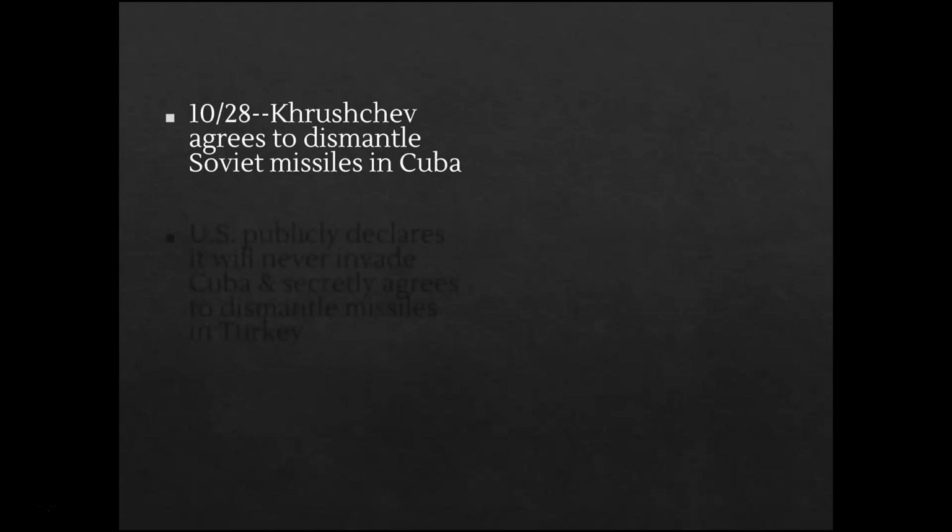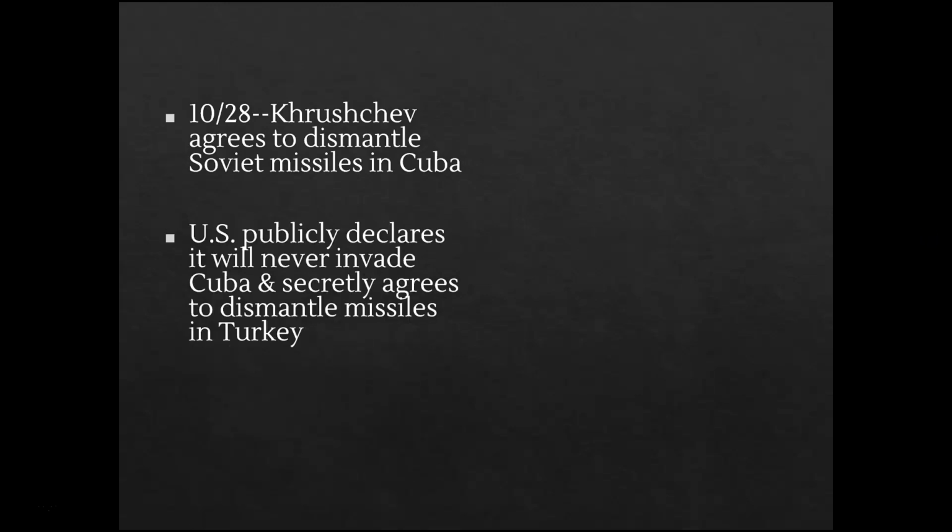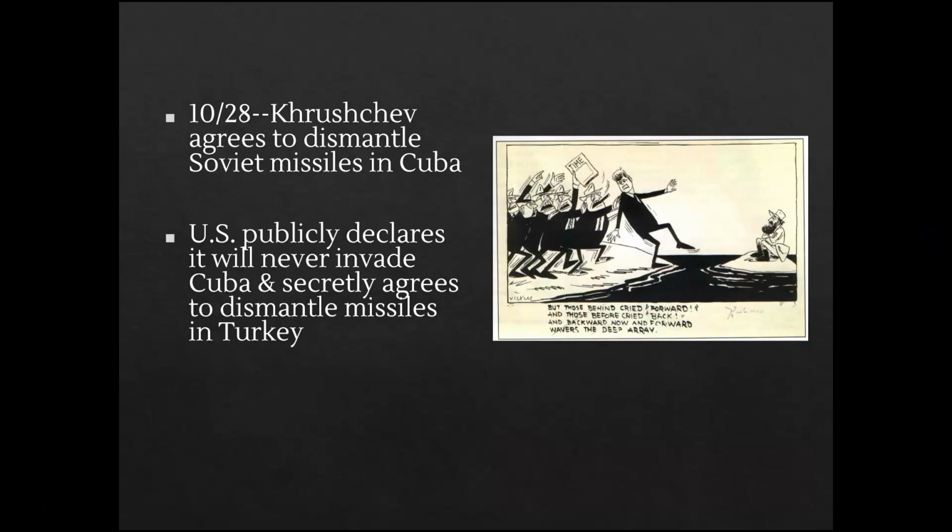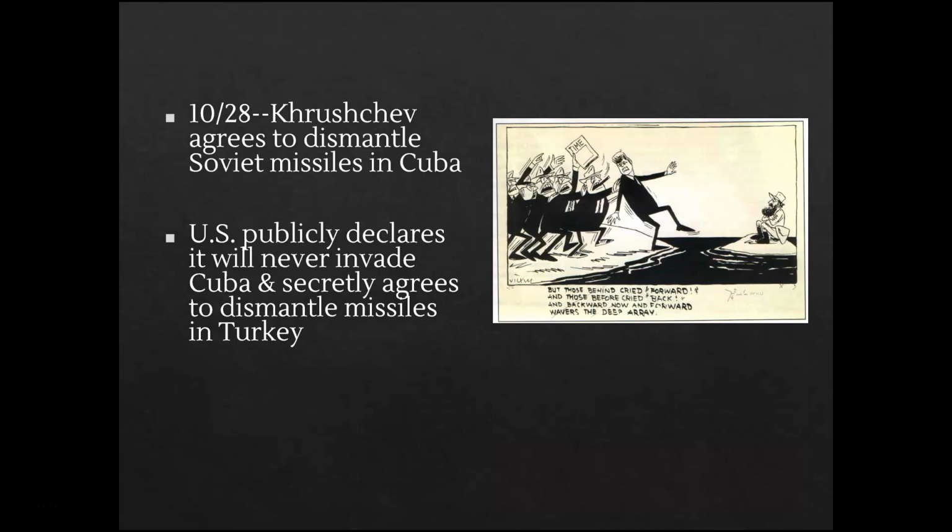On the 28th, Khrushchev agreed to dismantle Soviet missiles in Cuba, and the U.S. publicly declares it will never invade Cuba and secretly agrees to dismantle missiles in Turkey, to try to save some face. There's a political cartoon. Yep, pretty much summarizes it pretty gosh darn well.